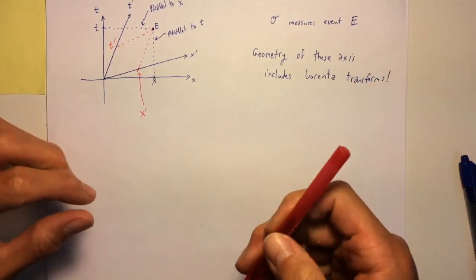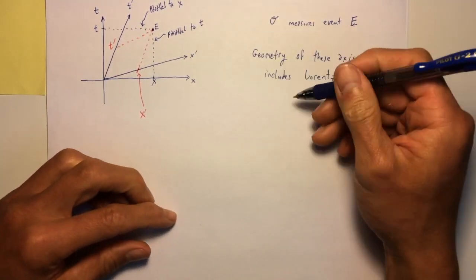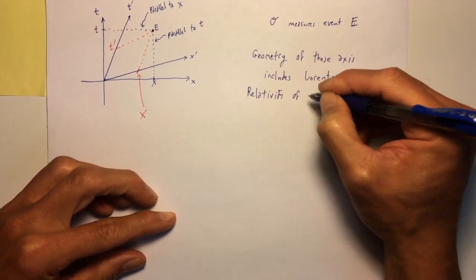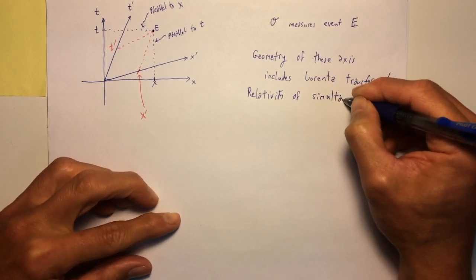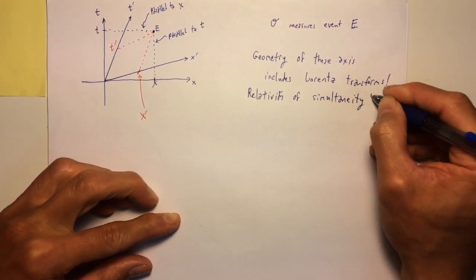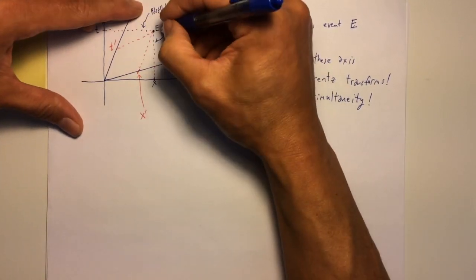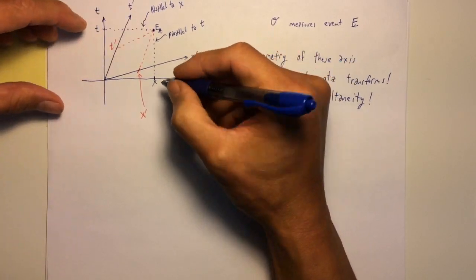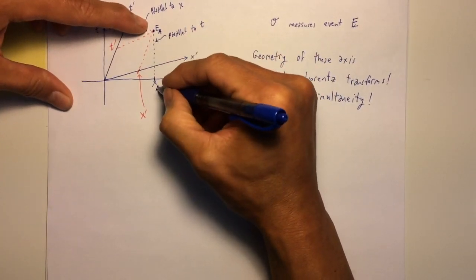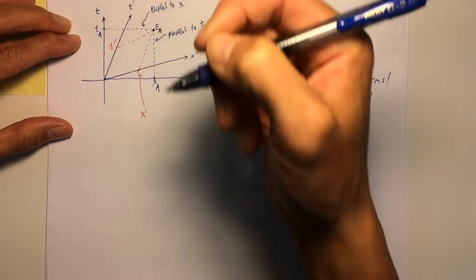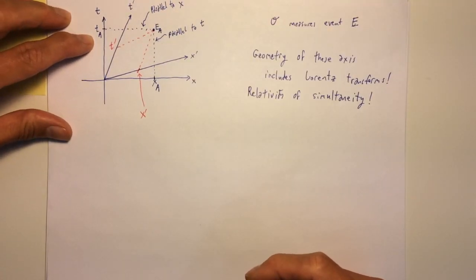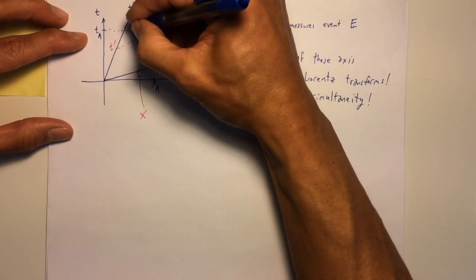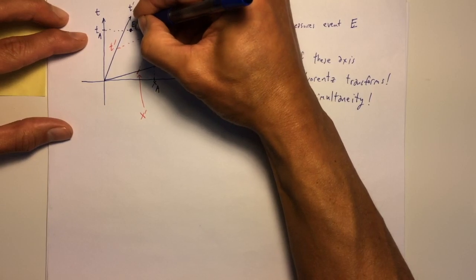Another thing is you can actually see the relativity of simultaneity. So let's say this is event A, right? And so it's given x sub A and t sub A as space-time coordinates according to O. And here is an event B, right?